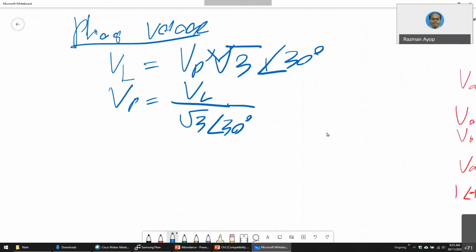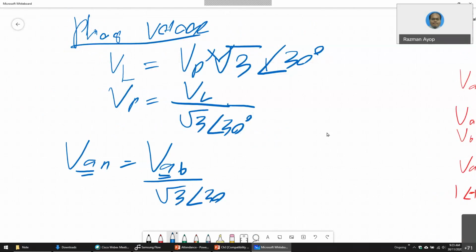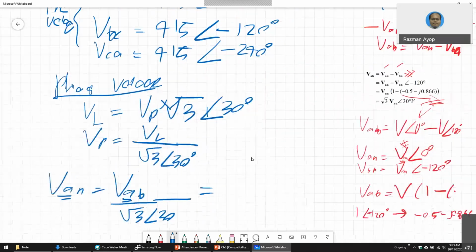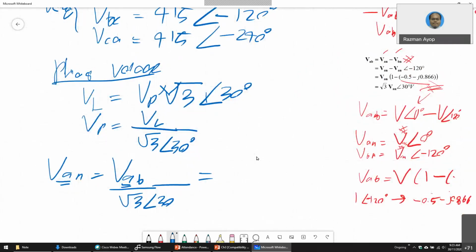So V phase, VAN, equals VAB. Remember, this one needs to be the same. VAB divided by square root 3, angle 30 degrees. What is the value? 415 divided by square root 3.